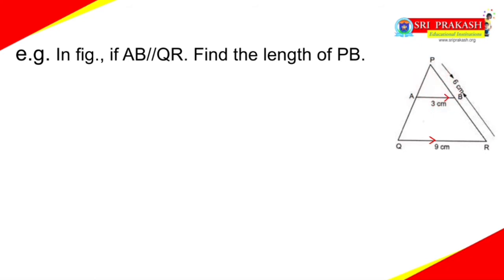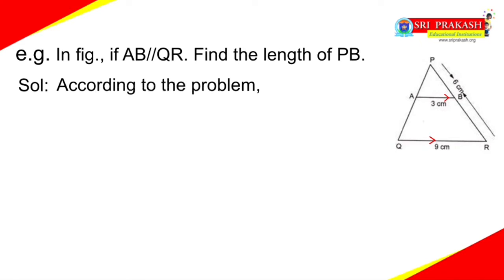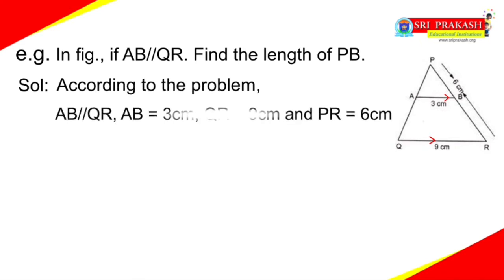Let us start. Children, according to the problem, AB is parallel to QR and from the figure AB is equal to 3 centimeters, QR is equal to 9 centimeters and PR is equal to 6 centimeters.